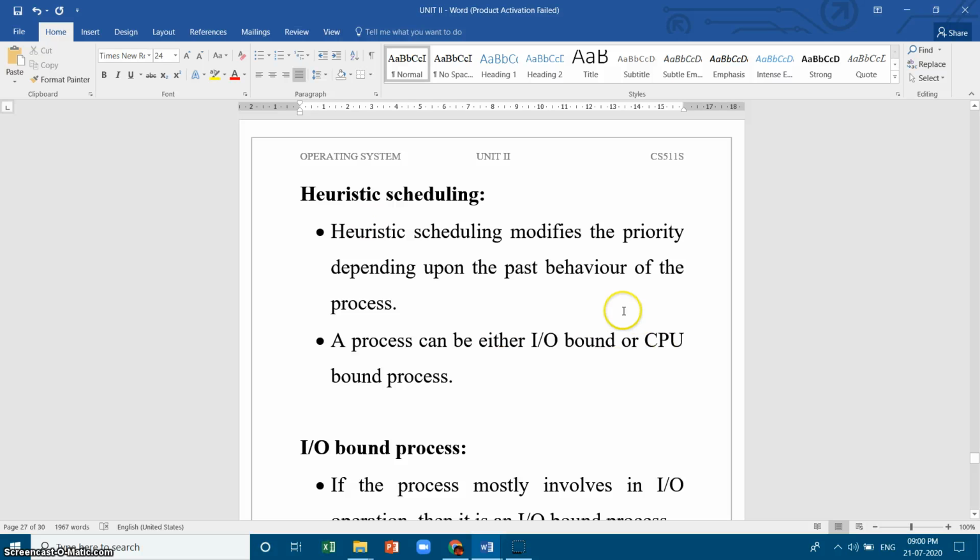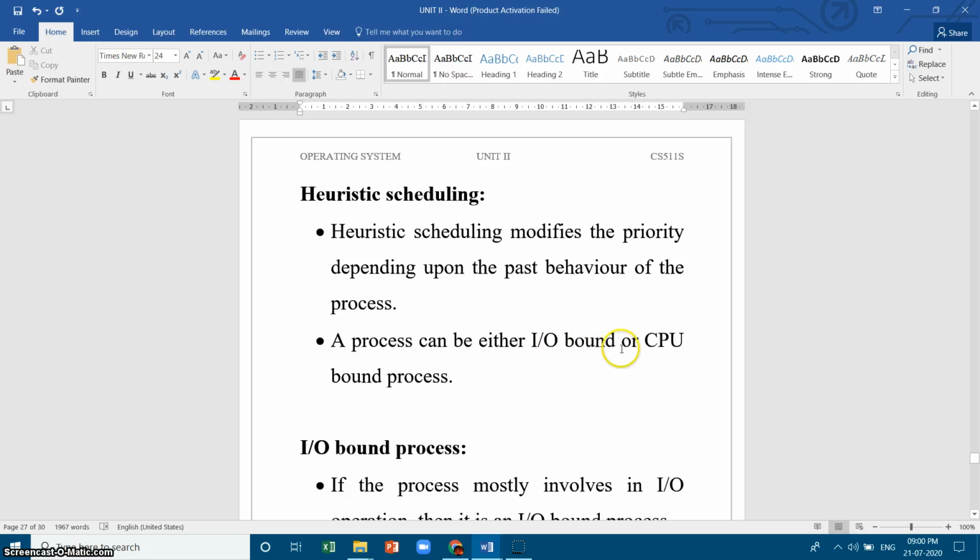We are having a process called as IO bound process. The other process is CPU bound process. What is the meaning of IO bound process? For example, if a process is present mostly in IO operation, then that process is called as IO bound process.